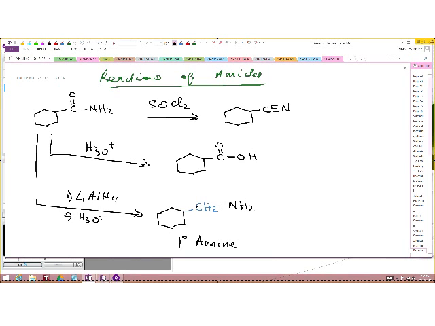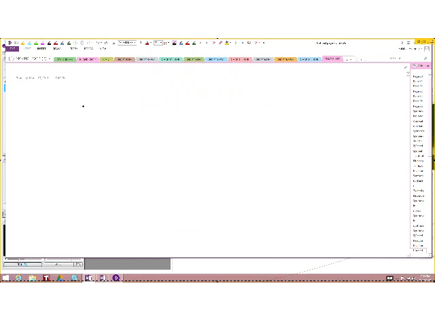So let us go to reactions of acid chloride. Since the acid chloride is a lot more reactive, we get more reactions from it. Let's take this here.